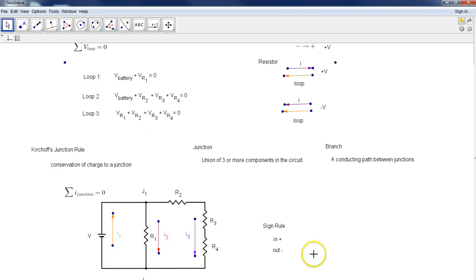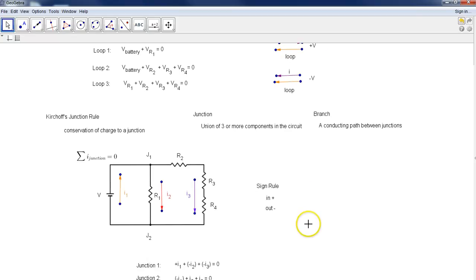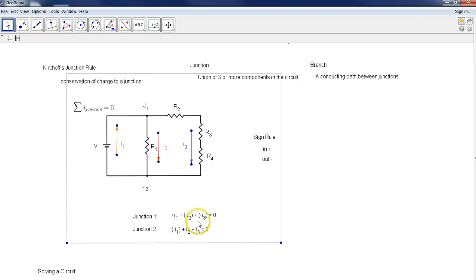What you'll notice, though, about the junctions is these two equations are not independent. So we would only be able to use one of the junction equations to actually solve this particular problem. And to look at an example, we'll save the example for the next video.